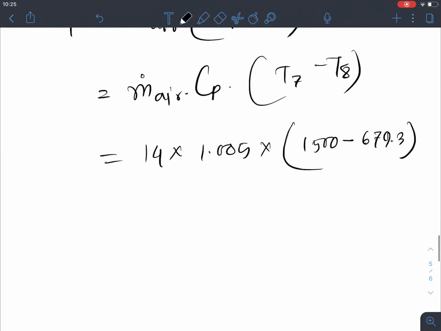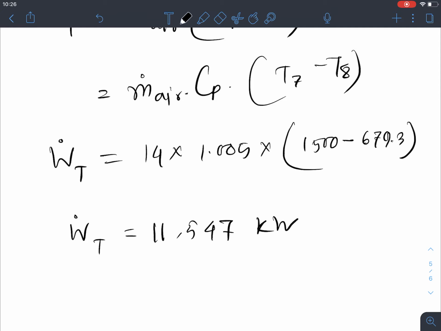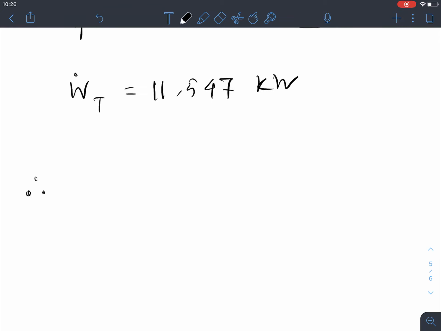Okay, so if we solve this, the W turbine output of that gas power cycle would become 11,547 kilowatt, right? What would be the net work output?